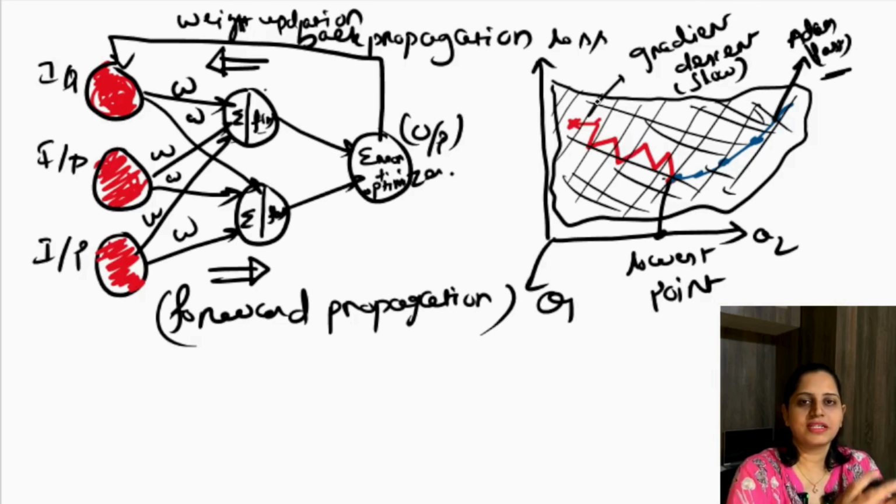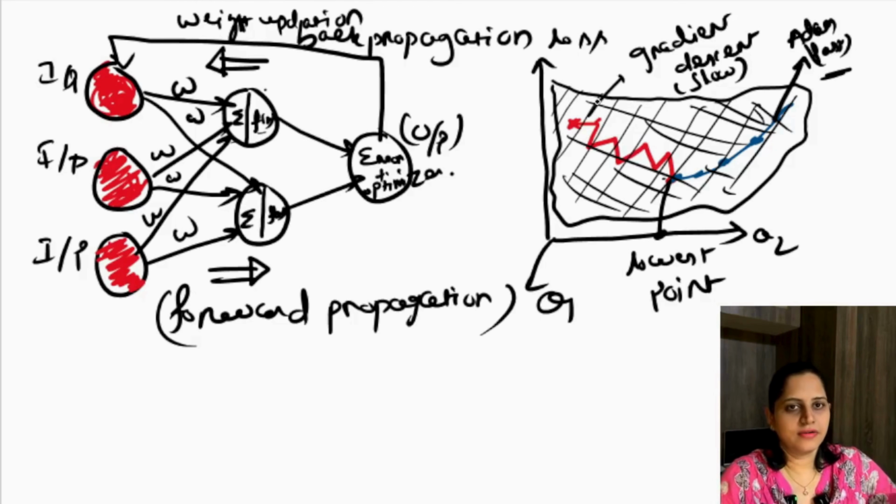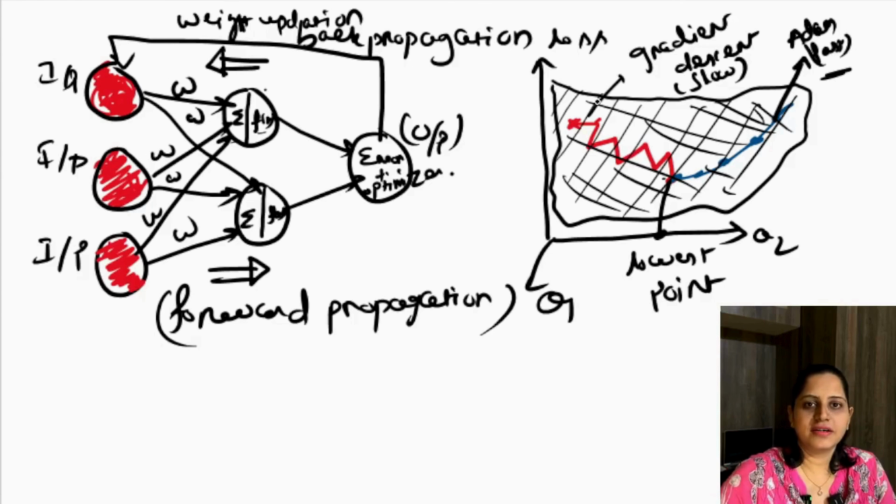Just imagine a ball being thrown from a hill, gliding over the surface and taking different motions. It's not easy to come down to the ground. So gradient descent is slower, Adam is faster. That is the overall concept I have shown here.